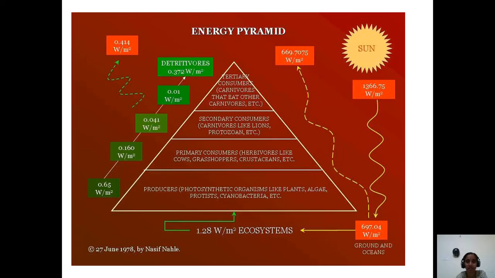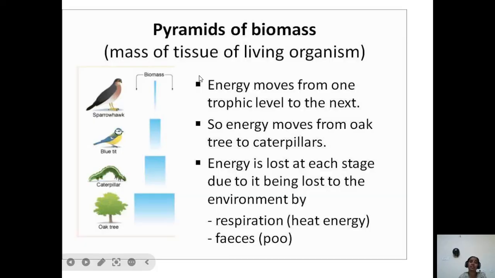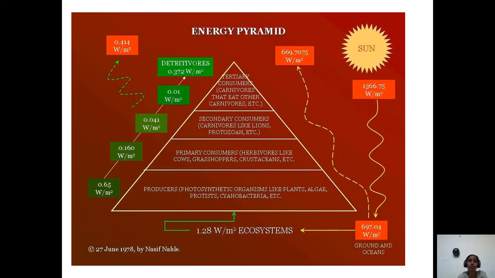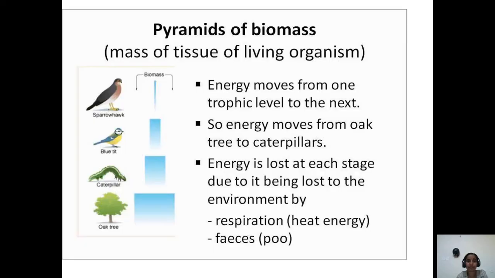See the graphical representation: at producers level 0.65, at herbivores level 0.160, at primary carnivores level 0.041, at secondary carnivores level 0.01, finally at detrivores level 0.372. So energy is decreasing, so it is always an upright pyramid.